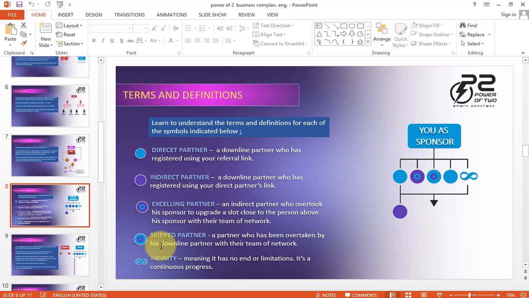And now over here in the Prime, the next is the infinity. Here it says the meaning of infinity: it has no end or limitations. It's a continuous progress, and we can see the diagram of each of these symbols beautifully over here. And here it shows you as the sponsor, and that is your front line.